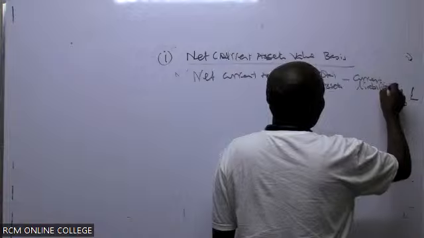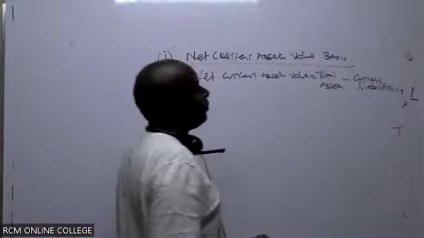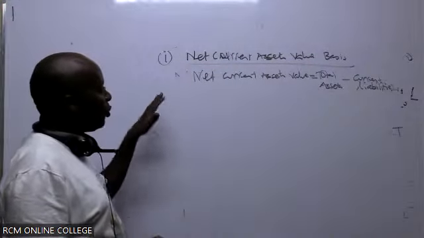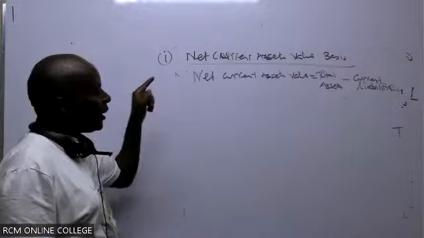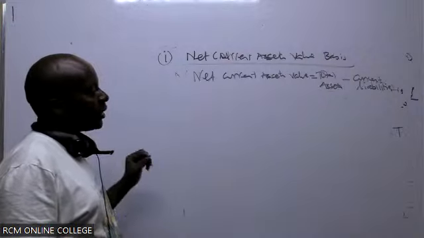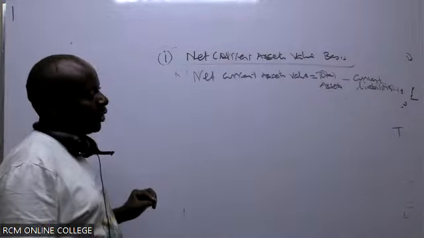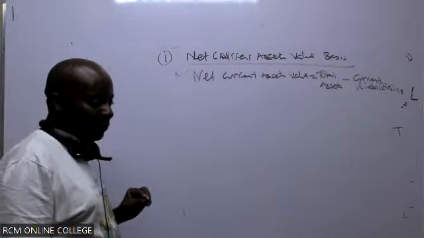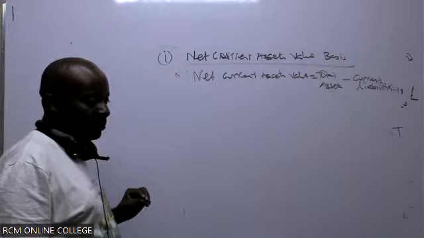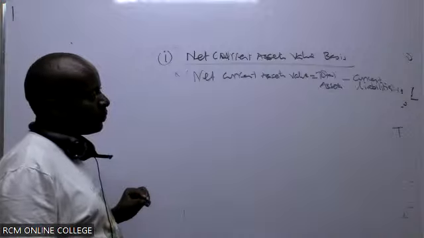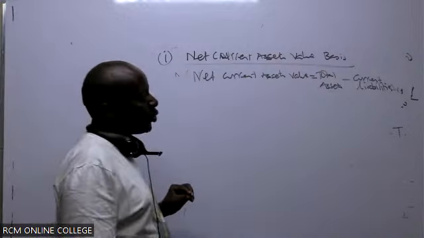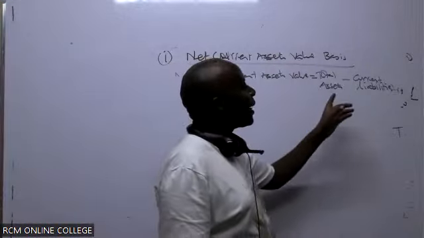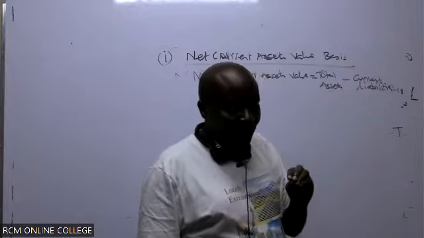So if I were you, I'd do it using the two methods and write it this way: net current assets value will be total assets minus current liabilities. Here we are lucky because current liabilities were already deducted.